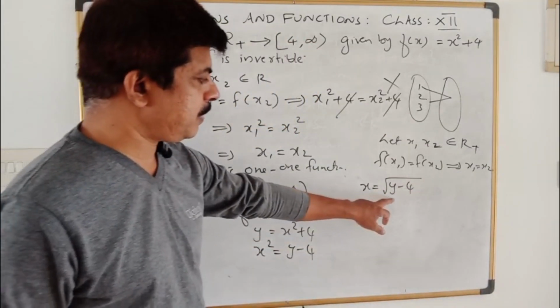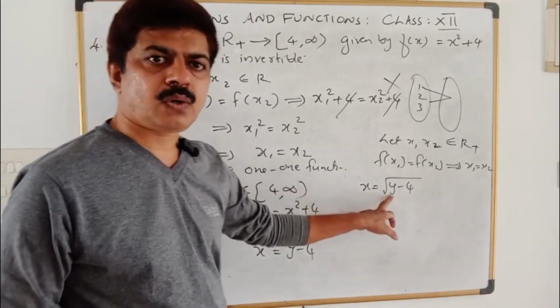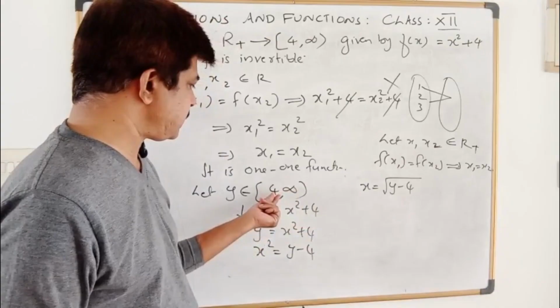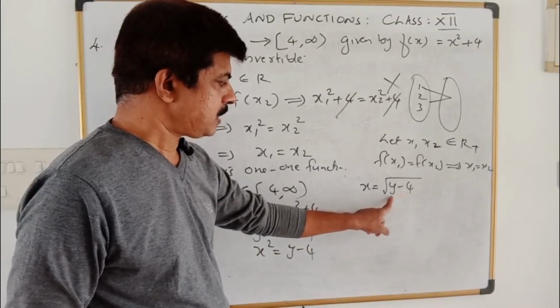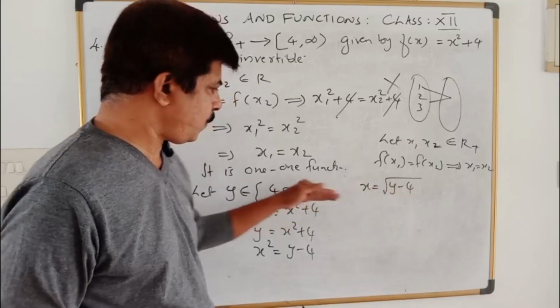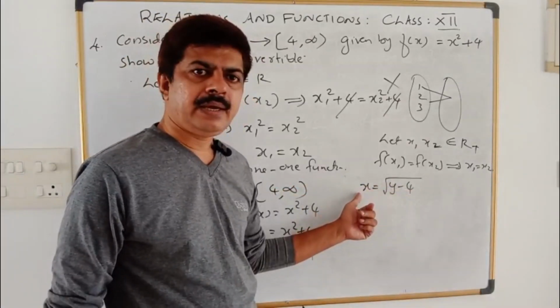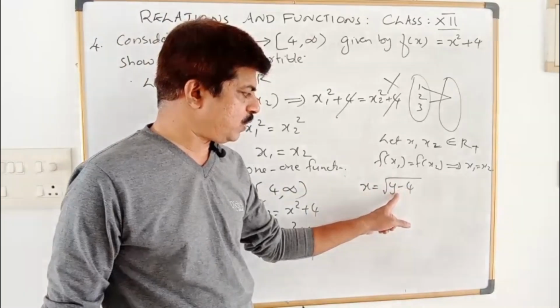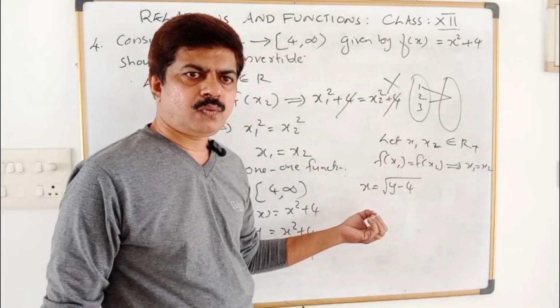I think this will be onto. Y will be substituted from the range. 4 minus 4 is 0, 5 minus 4 is 1. Starting from 4 we can substitute for y. So for every y value we are getting an x value. So definitely it is an onto function.